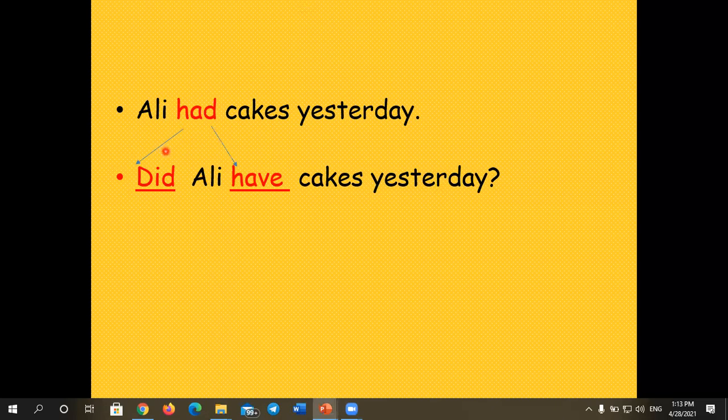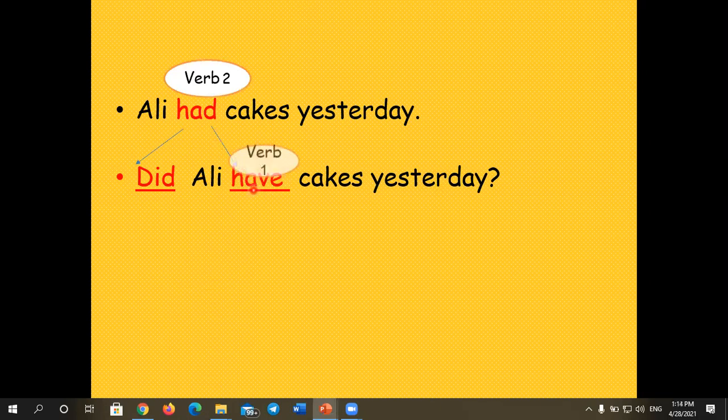And in this case, look, we changed the verb from had to have. Why? Because after Mr. Did, you should use verb 1. And verb 1 here is have. So had is verb 2 in the past. And here we use verb 1, which is have. So the question is, did Ali have cakes yesterday?